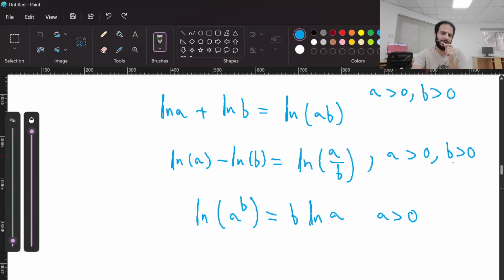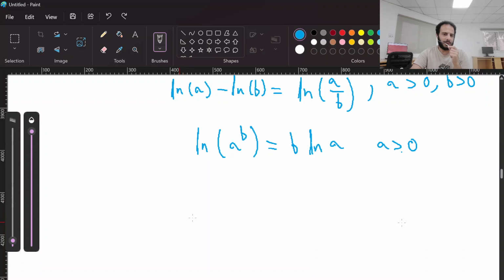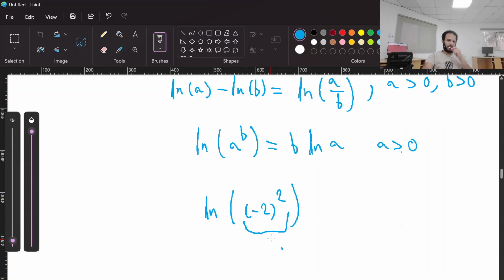A should be greater than 0, but we can allow more numbers. I will tell you how. Assume you have ln of minus 2 squared. Is this allowed? Yes, because what is minus 2 squared? It is 4, which is greater than 0.